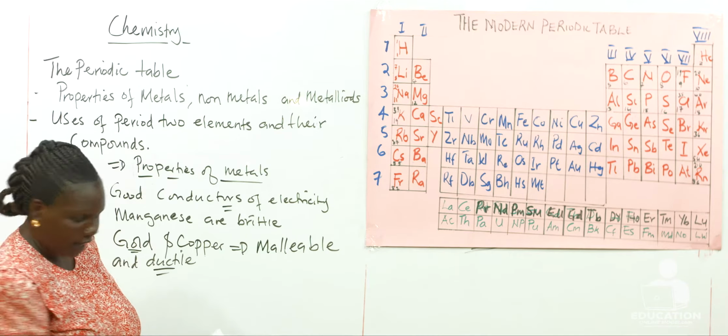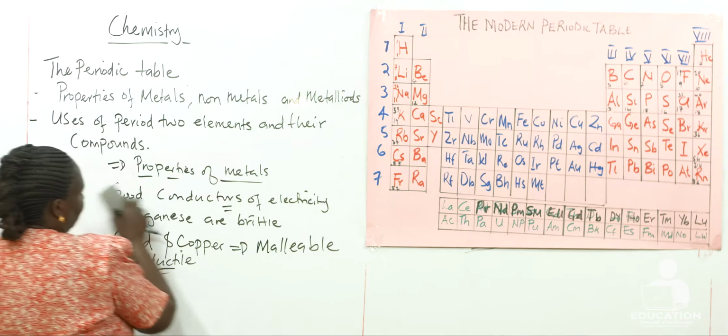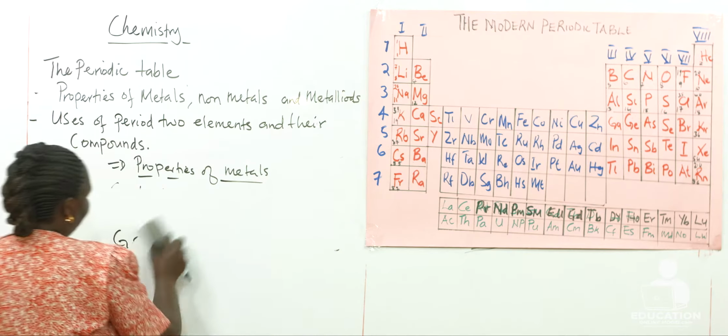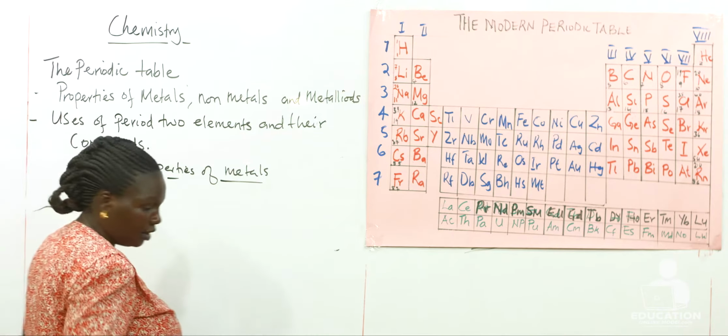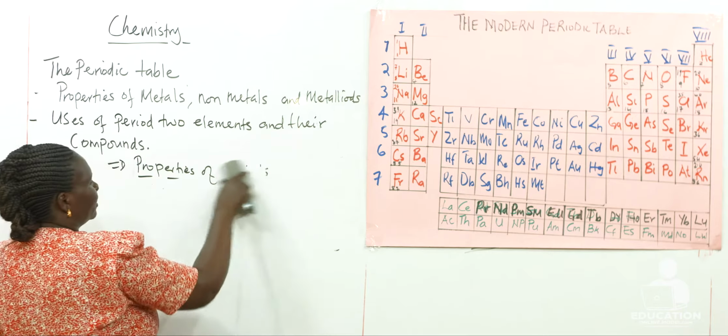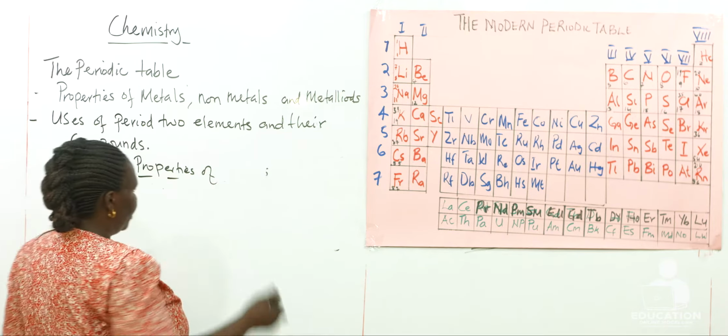Then when we come to non-metals, we look at the properties of non-metals. Non-metals are poor conductors of heat and electricity.